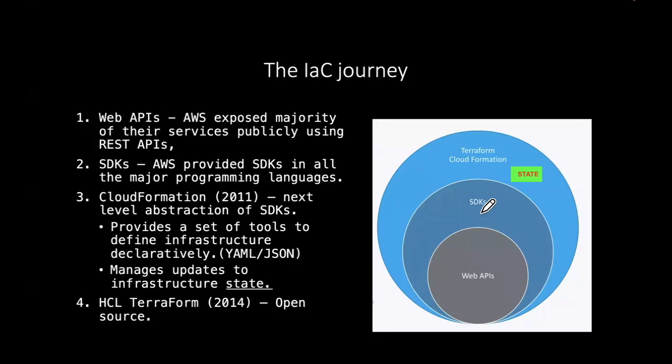These two are generation one. In generation one, we wrote a Python script that used the SDK, or indeed there were SDKs available in other languages as well, but they all had the same issues.